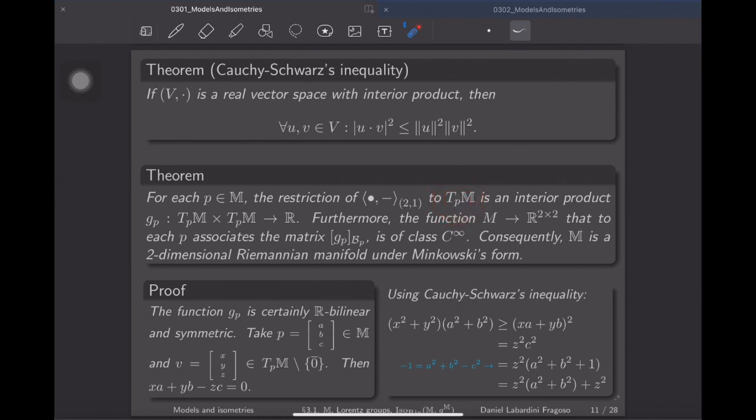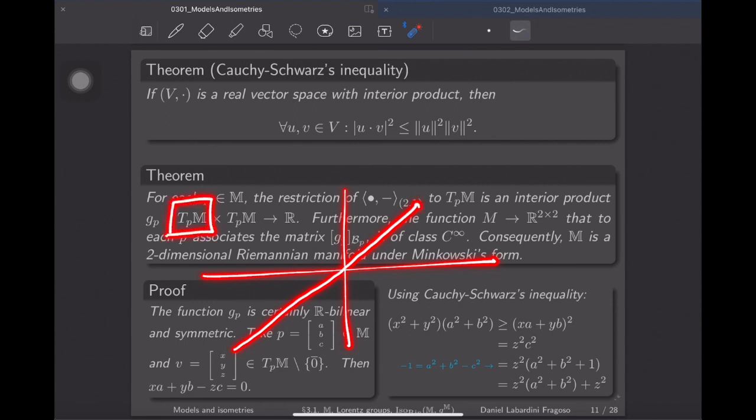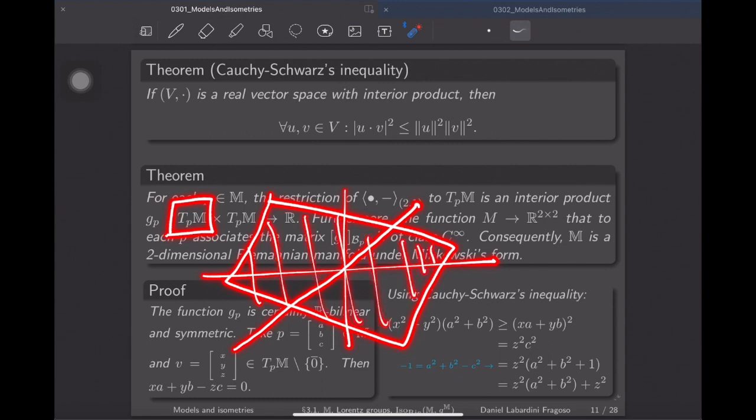So the rough picture is that Minkowski's form is not an inner product for R3, but for these special vector subspaces, which are the tangent planes to the hyperboloid, which are always just two-dimensional, on those it does define an inner product on each of them.